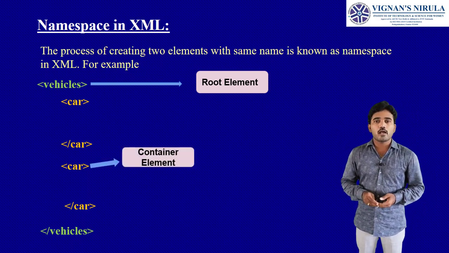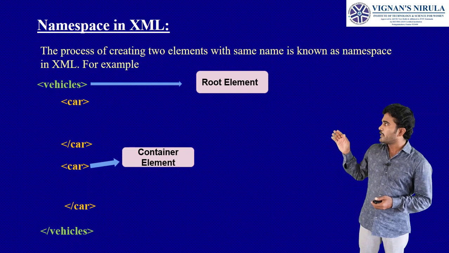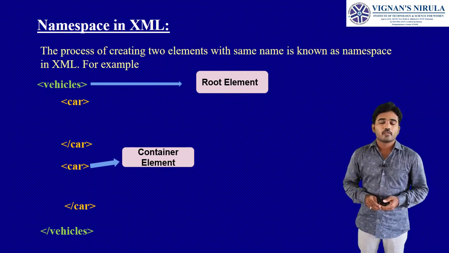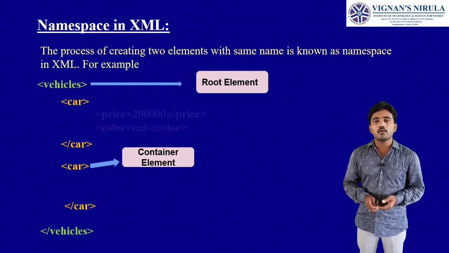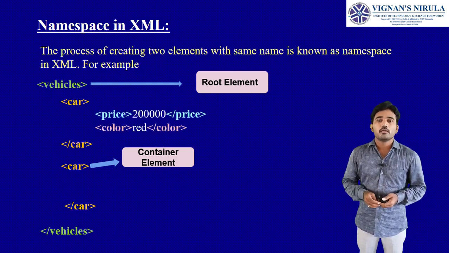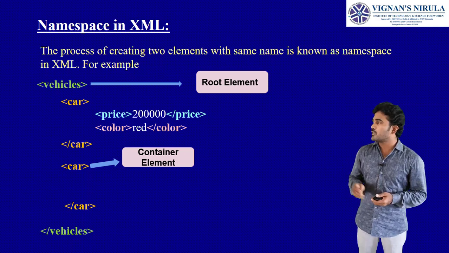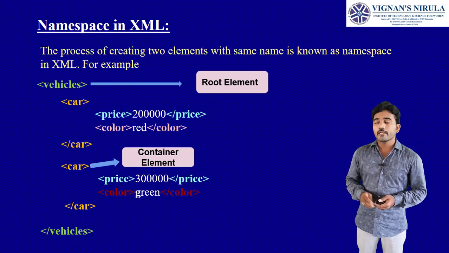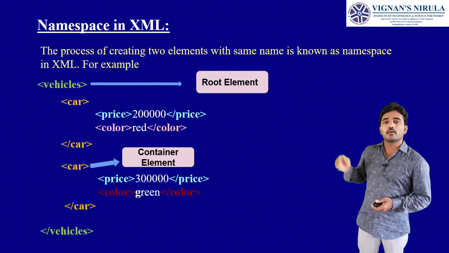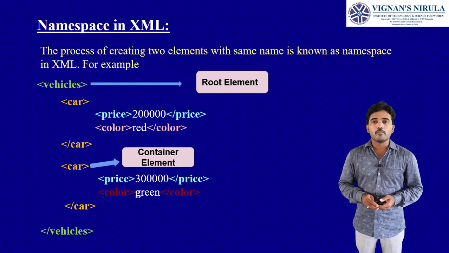Understood? In this car element, the car is a container element which may consist of one or more child elements. The child elements that I have written are, see here, price and color. Even in the second car you may have the same price and color elements.